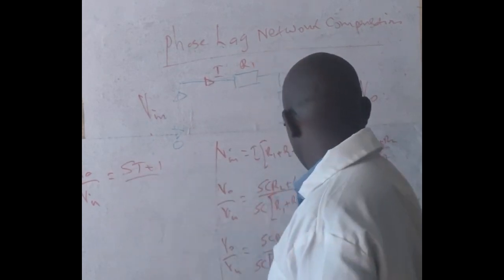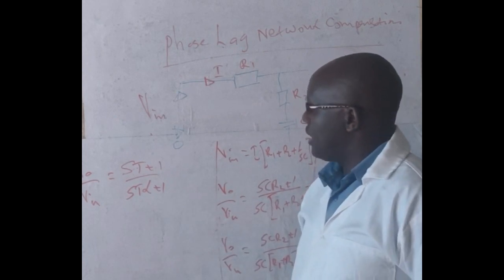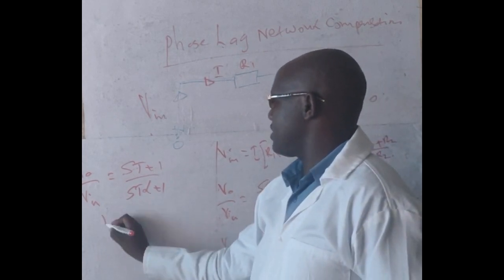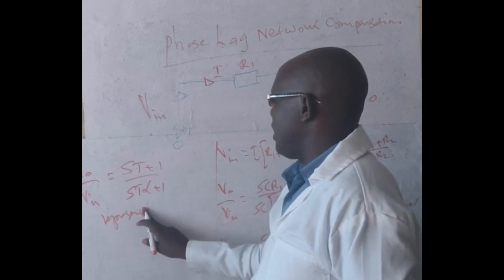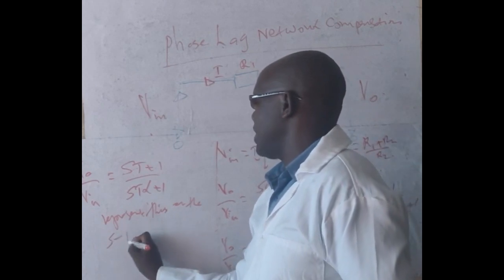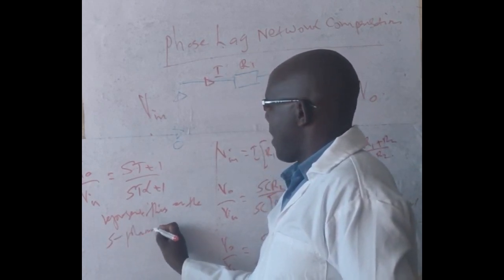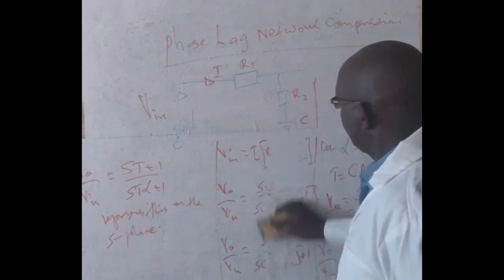So we can say let alpha be equal to R1 plus R2 all over R2, and then let the time constant T be equal to C R2. So this is what we are going to get finally.